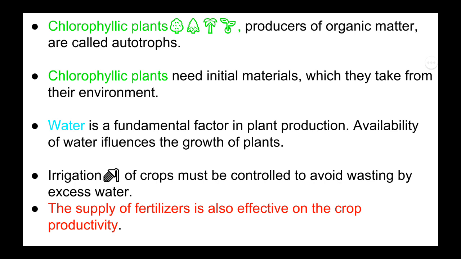Now, irrigation means watering the crops. Irrigation of crops must be controlled to avoid wasting by excess water, which means that we should water the plants at an optimal level. Optimal level means not more and not less.